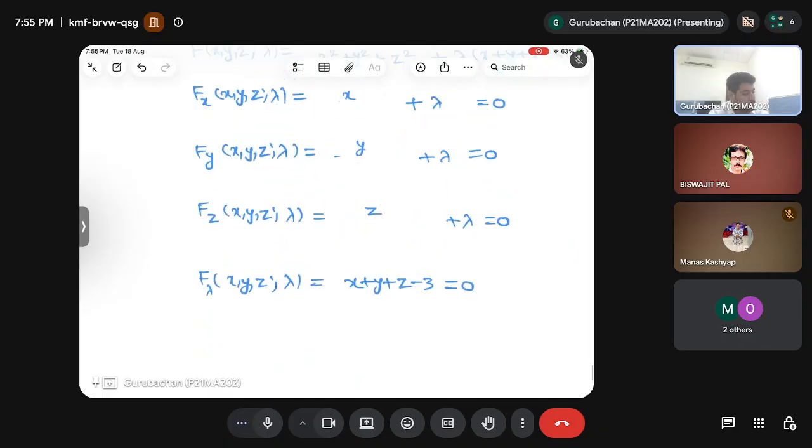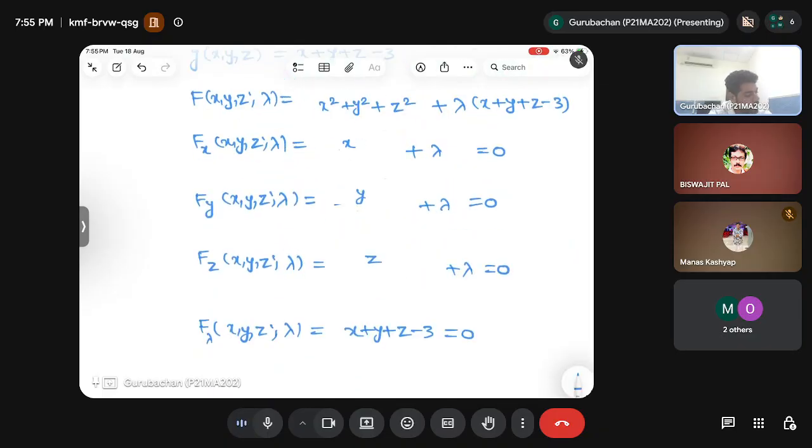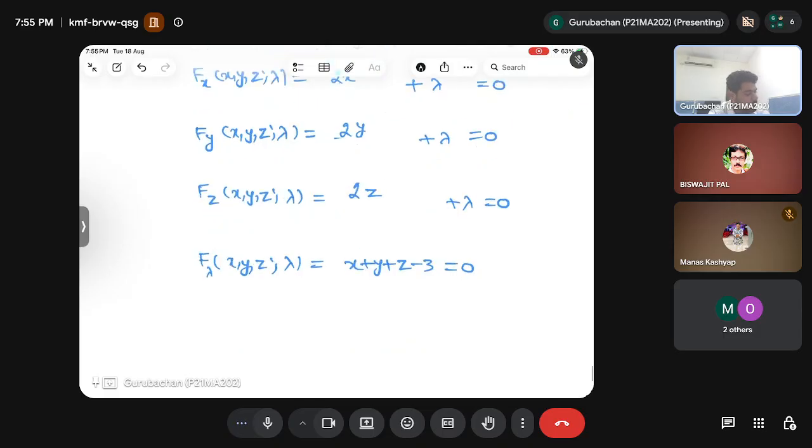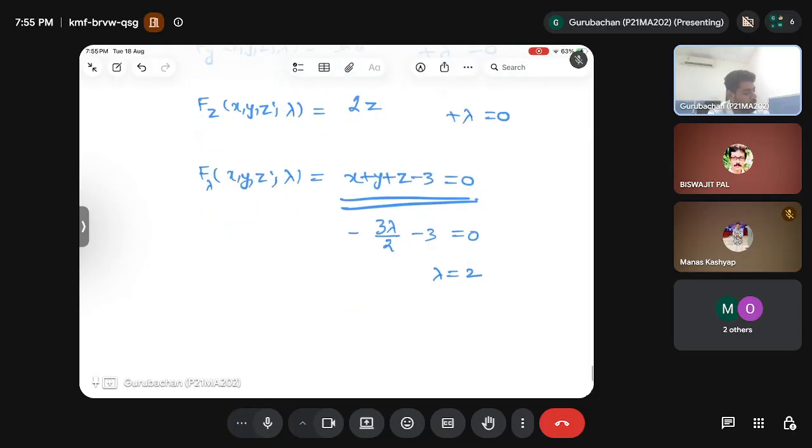So from here, what will be your lambda, or you can say x, y, z, you know this thing. So from this, here it will be minus 3 lambda by 2 minus 3 is equal to 0. So lambda will be minus 2. So x will be 1, y will be 1, z will be 1.